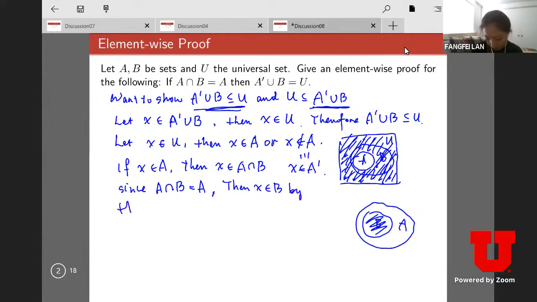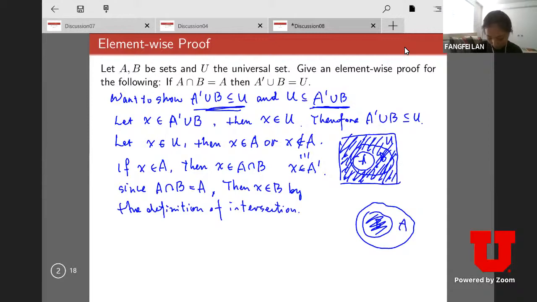By the definition of intersection. Correct?